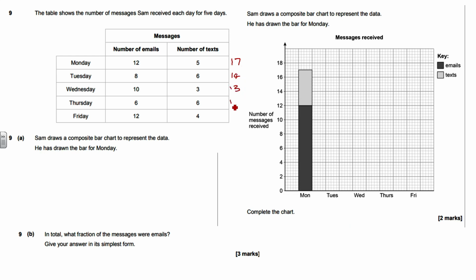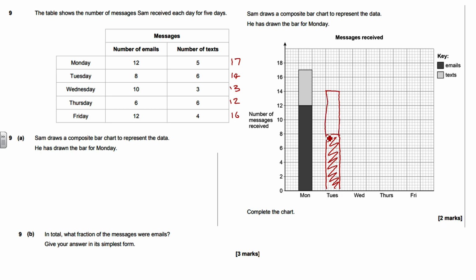No need to write these down, since the calculation is quite quick in my head. So we have got Tuesday was 8 emails, so we're looking for a bar 8 tall there, which will leave solid, and then we have got a bar 6 tall taking us to 14, which represents the texts.